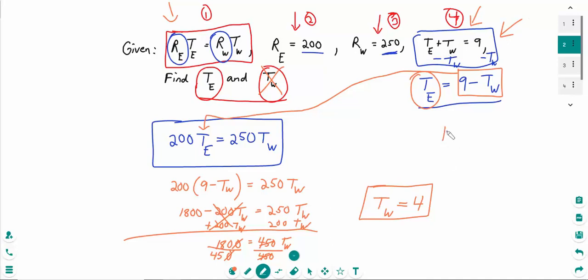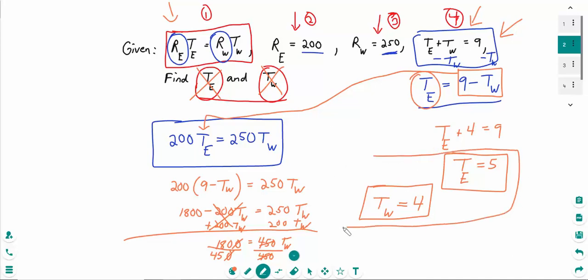It's 4. So t sub e plus 4 has to equal 9. Now this is a simple equation to solve. We subtract 4 from both sides, and t sub e is going to be 5, right? So there we have it. We have our t sub e, we have our t sub w. Those would be the solutions for this particular problem.